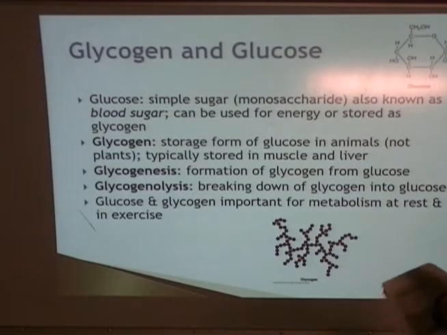So, we've already mentioned glucose is a simple sugar. Up here on the top right is a diagram of a glucose molecule. Now, this is not a chemistry or a biology class, okay? So you don't need to be able to draw that. You don't even have to know the form of it for this class, unless that helps you, right?